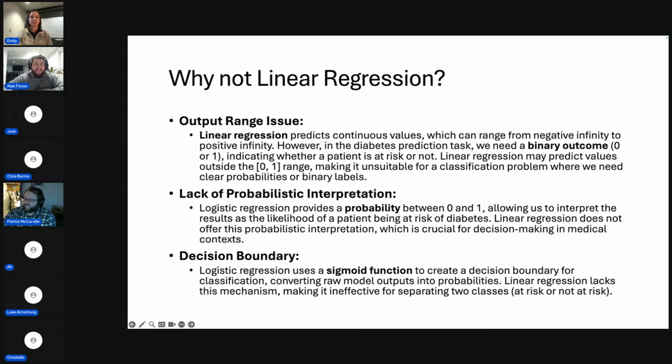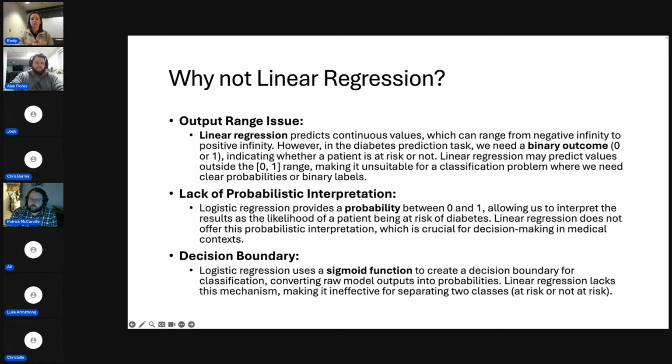So the probabilities offered by logistic regression are a huge advantage for classification problems, and why you should apply logistic regression to these types of problems instead of linear regression. We'll talk about decision boundary here in just a little bit, but the other advantage is with that level of confidence. If we can look at the model's output probability and say, for some people it's 0.5, for other people it's 0.6, for other people it's 0.7, we can decide where we want that decision boundary to be.